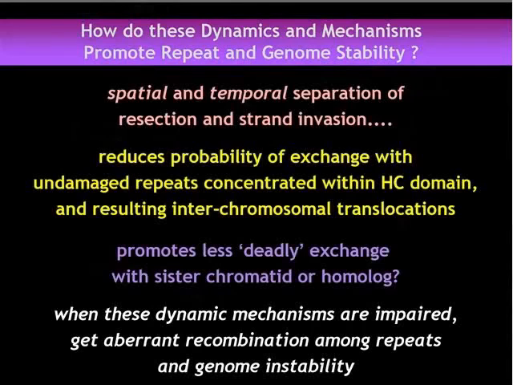Well, what these studies show is that the spatial and temporal separation of the early step, resection and strand invasion, the late step, reduces the probability of exchange between the double-strand break and undamaged repeats, homologous repeats concentrated within the domain, and that this reduces the probability of interchromosomal translocations and aneuploidy. So, and when these mechanisms are impaired, you get aberrant recombination and genome instability.